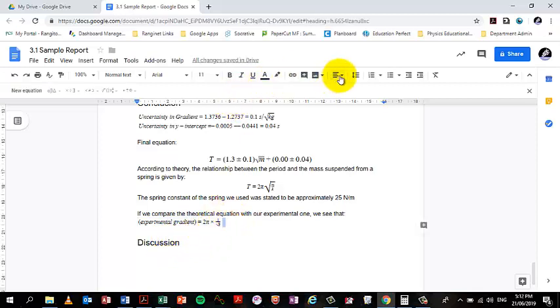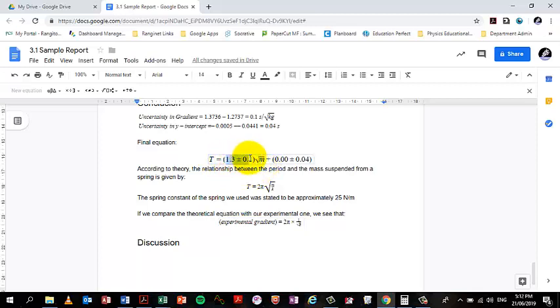In other words, in theory, 2 pi times 1 over square root k, times square root m, should be the period. In our experiment, we had the period is this times square root m. So, in other words, this here must be equal to this here.